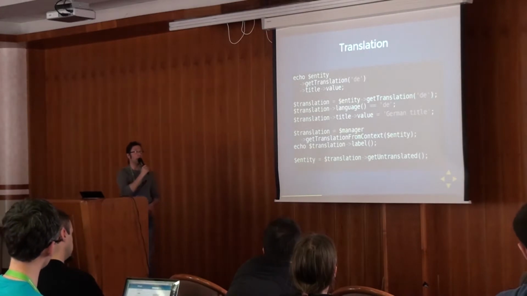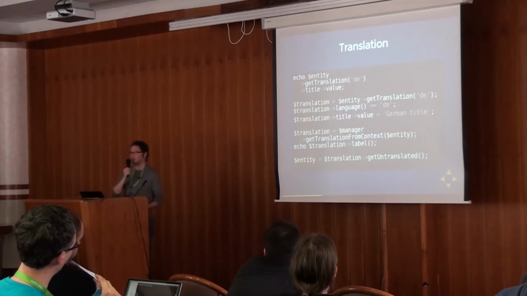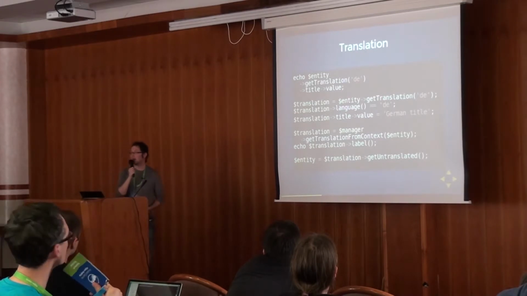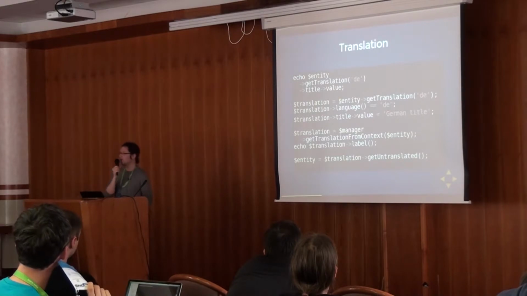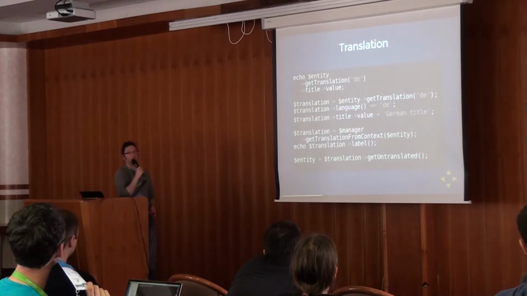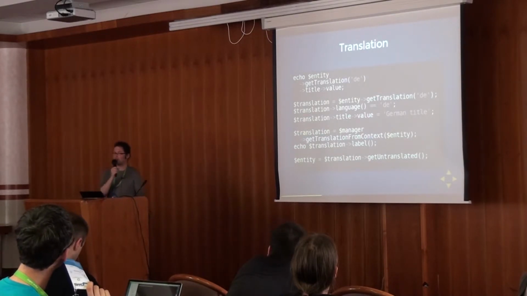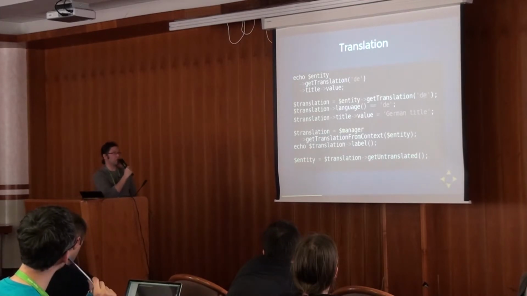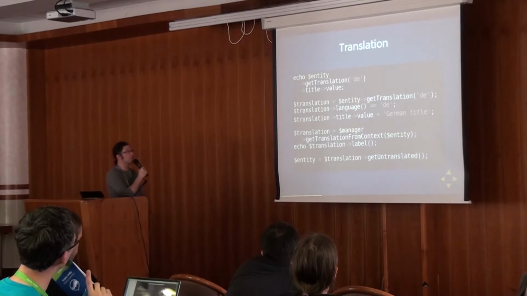So if you're about to display something, first get the right translation, and then you can easily access the label, and you will be sure that you get the label in the right language for the user. If you don't use the method and just use the entity as it's loaded from entity load, it will just output the default language, which is the language the entity has been written in originally. And of course, if you have a translated entity object, you can always get back the original one by calling getUntranslated on it.